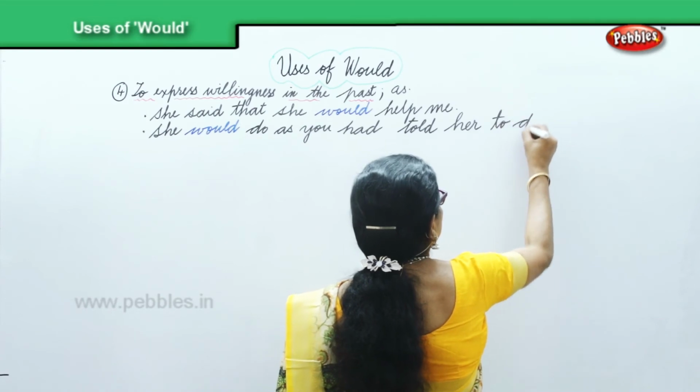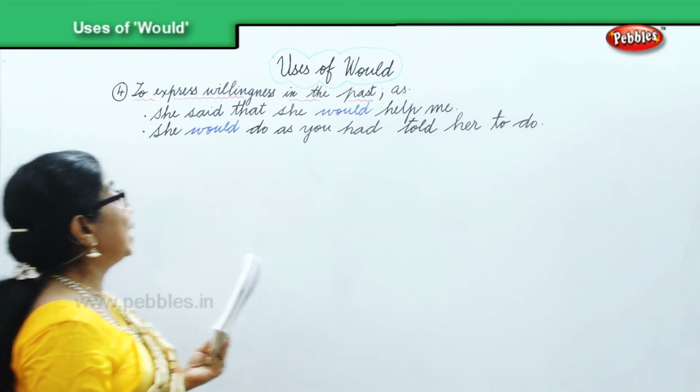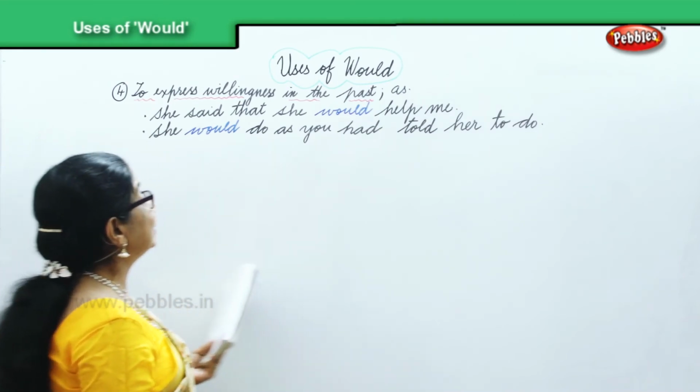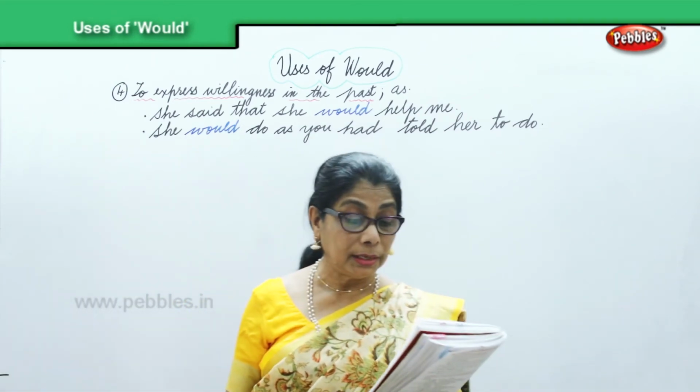So the fourth type, to express willingness: she said that she would help me. And the second, she would do as you had told her to do.